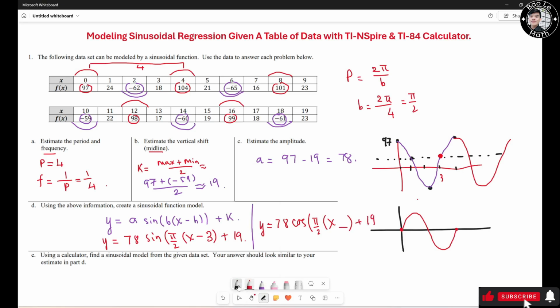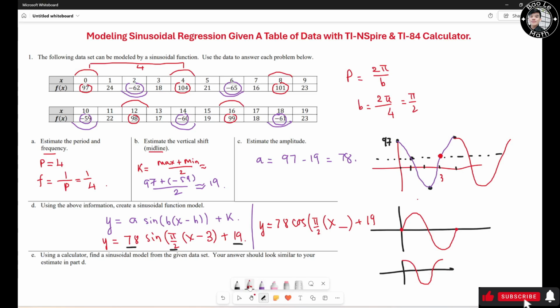Now, keep in mind, when you write a sine or cosine function, A, B, and K right here should be the same. The only thing different is the phase shift. The cosine always starts from the maximum, goes back down to the midline, goes down to the minimum, goes back up to the midline, and goes back up to the maximum.